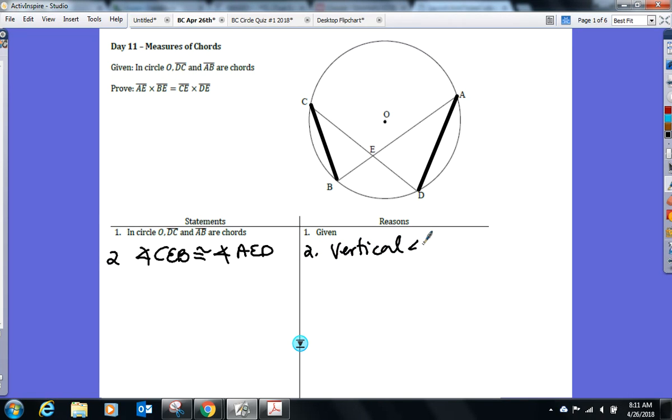Talk it over here. Where's another pair? And why? Another hint, it's a circle theorem.